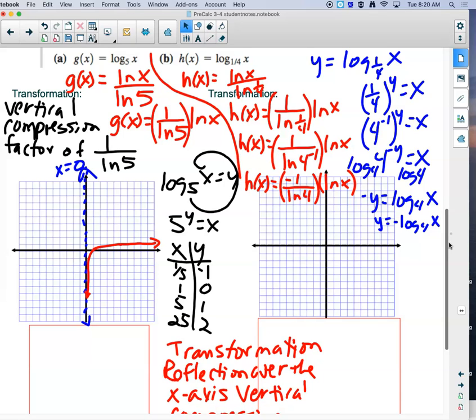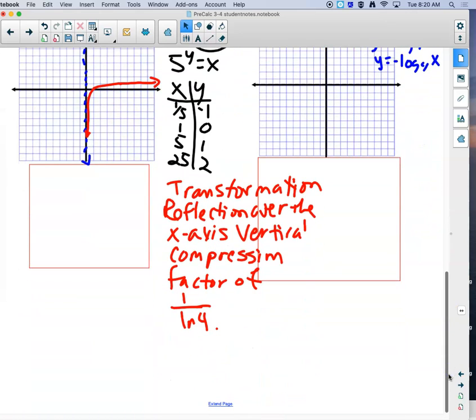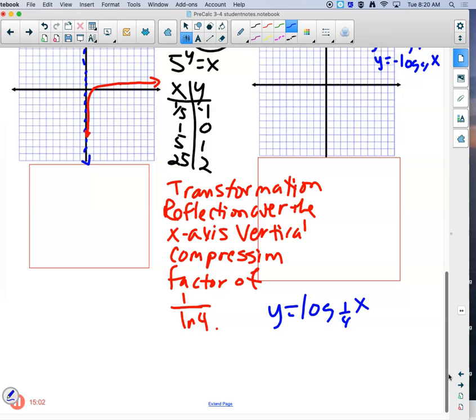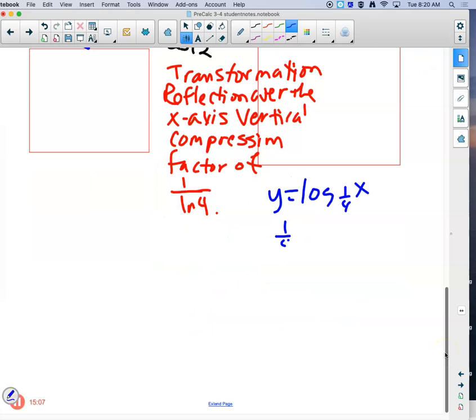But I would go back to what we were doing in A, where we said, let's just go back to the original, where we have y equals logarithm base 1/4 of x, and snail shell that. So it'll become 1/4 to the y equals x. Now, again, totally up to you if you want to write this 4 to the -1 and get the negatives in there. But I think I'm just going to work with it as it is.